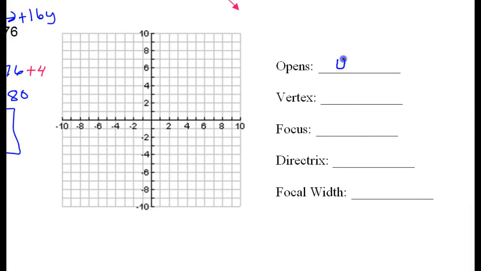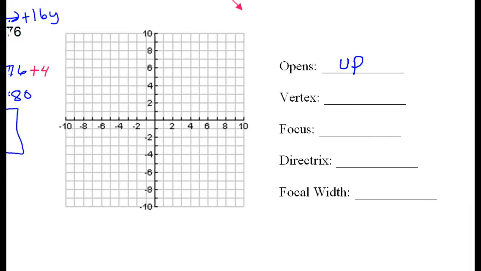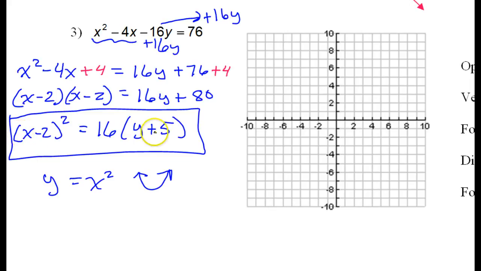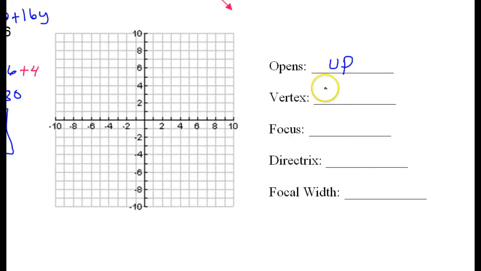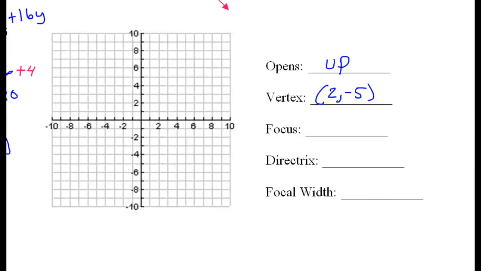So opens up. Now the vertex. Opposite of both of these, so (2, -5). Now to find the focus, no, let's graph that. So the vertex is at (2, -5).